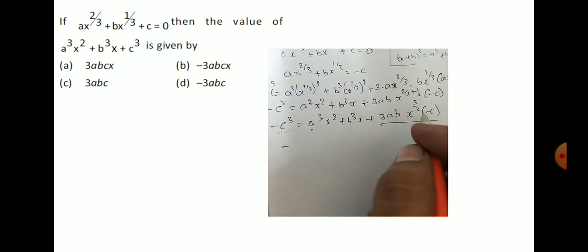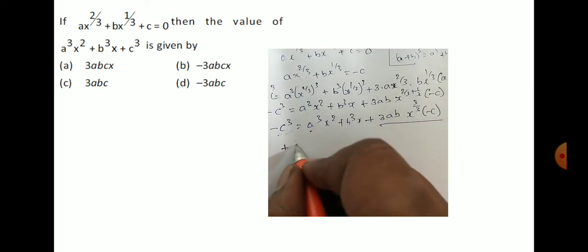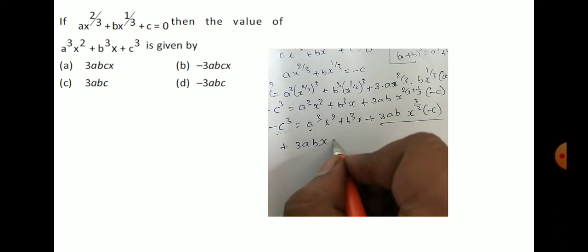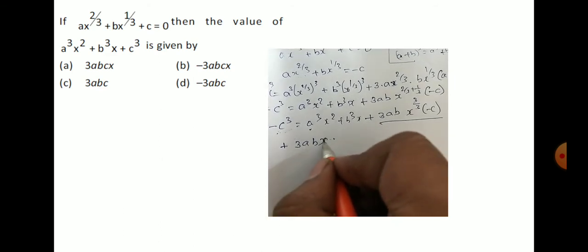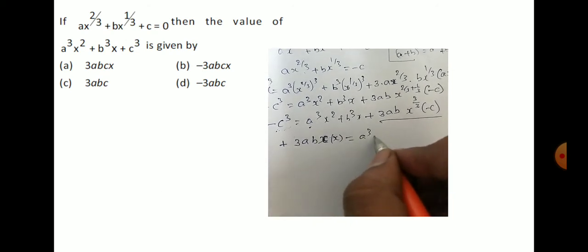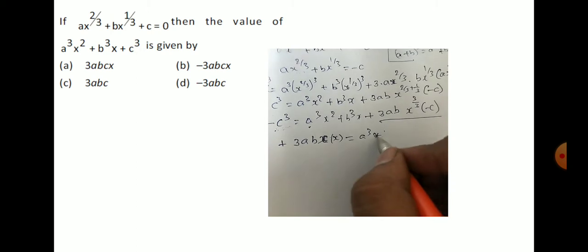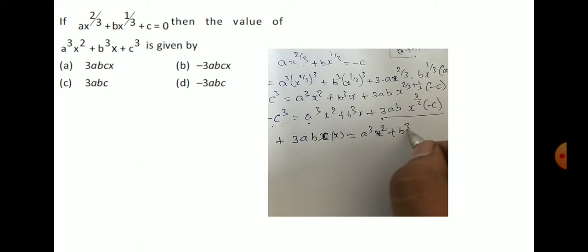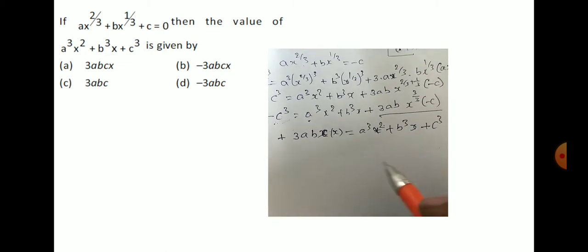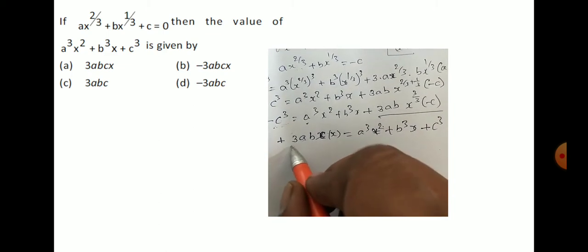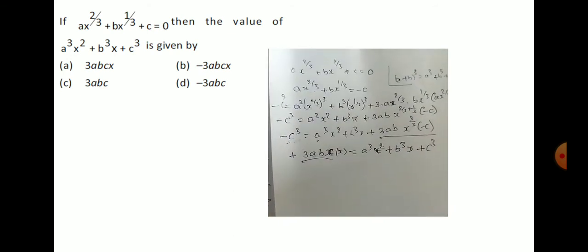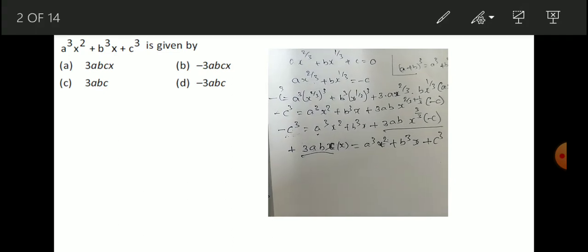Minus into minus becomes plus, so 3abc into x will be equal to a cube x square plus b cube x plus c cube, because minus c cube, if it comes this side, will be plus c cube. The answer is 3abcx, option A. Fine, we will go further.